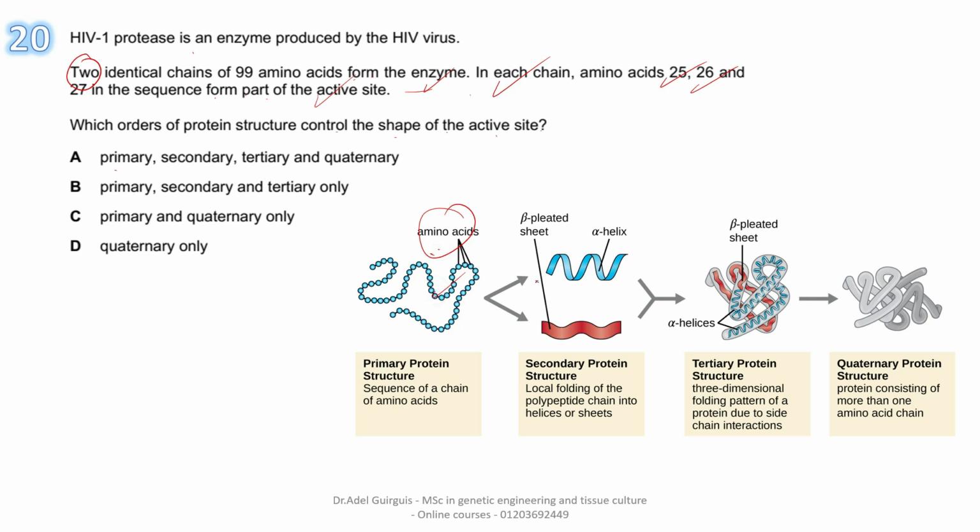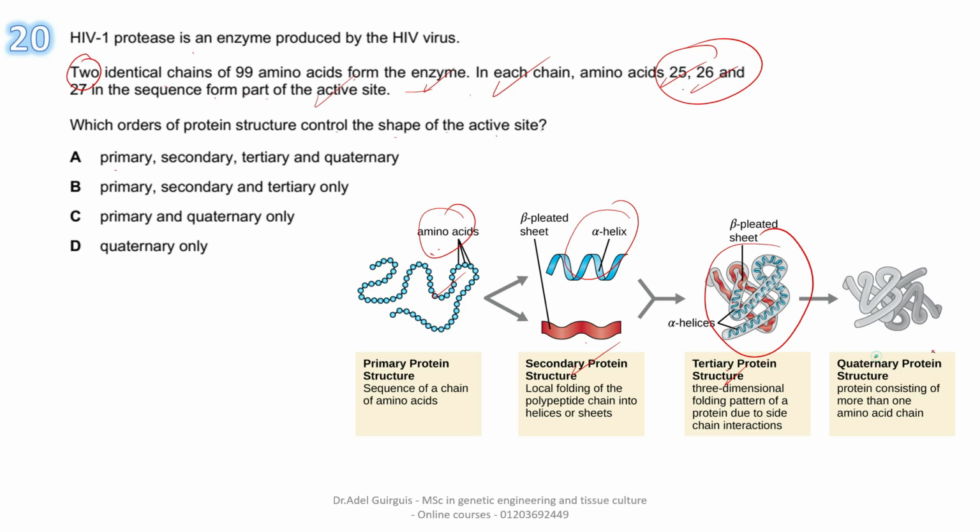Okay, then formation of hydrogen bonds to form alpha helix or beta pleated sheets forms secondary protein structure. What about when extra folding of one polypeptide chain only forms tertiary protein structure, where some amino acids lie closer by this folding and form part of the active site, like 25, 26, and 27.